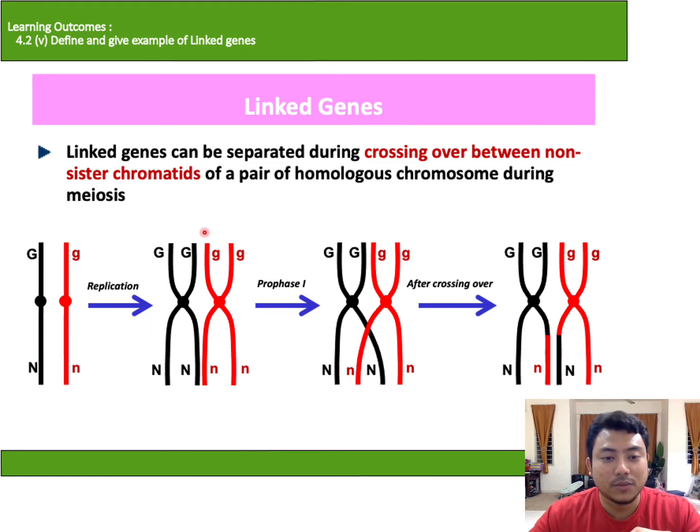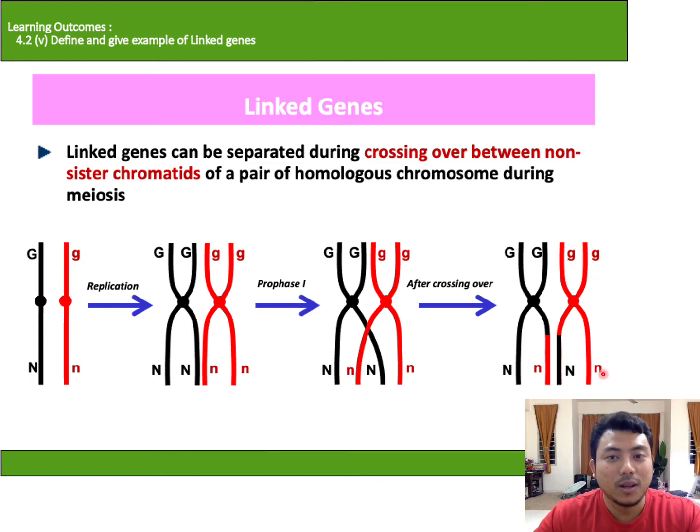After the process of replication, you have the sister chromatids over here. And during prophase 1, a crossing over occurs, an exchange of DNA between these two chromosomes. You will end up with capital G, capital N, capital G, small n, and also small g with capital N, small g with small n.